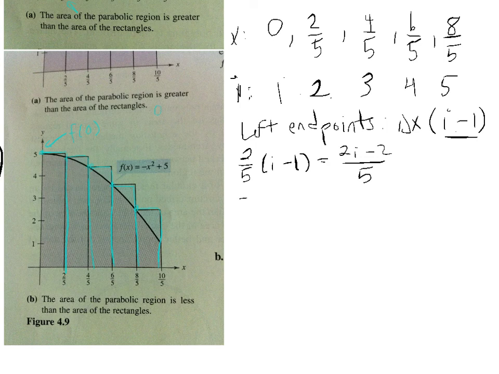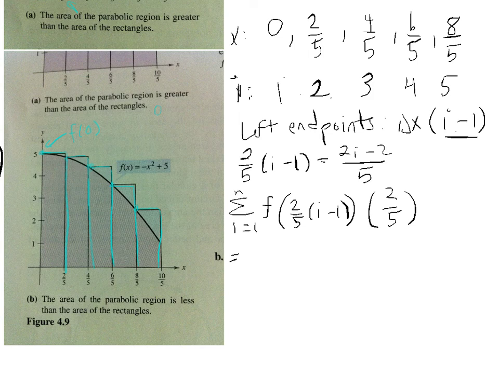So now we plug into our sum. The sum as i equals 1 to 5 of f of 2/5 times i minus 1, times our width, 2/5.